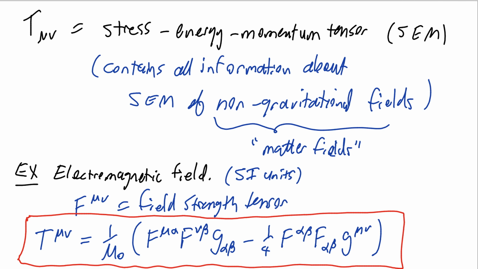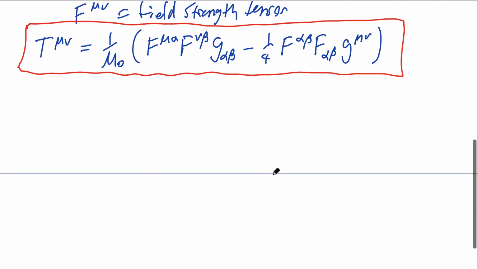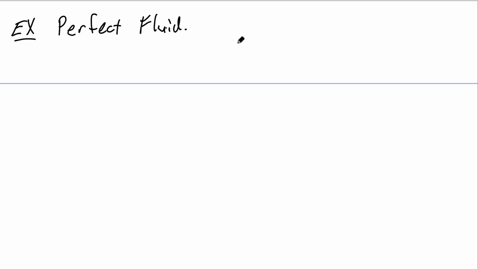Let me give you another example. This example is very important in general relativity. This is the example of a perfect fluid. So a perfect fluid is a general model for matter, and what makes it perfect is we're assuming that there's no heat conduction and also no viscosity.